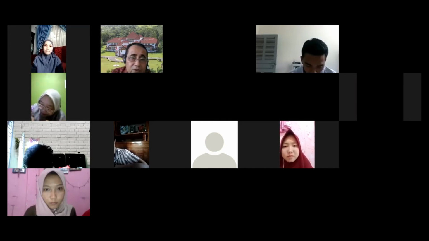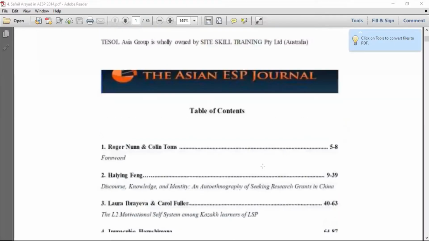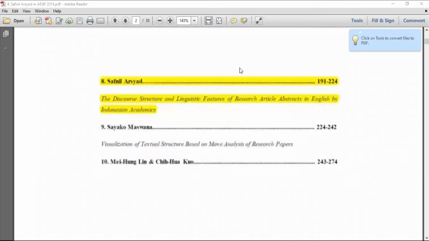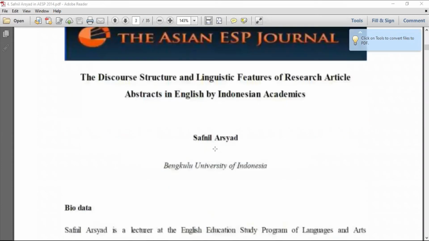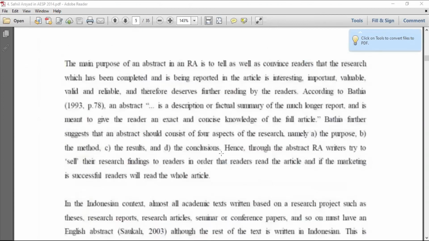Okay, I'm looking for it here. Now let me show you. Can you see this? Yes, sir. Now the model for abstract.